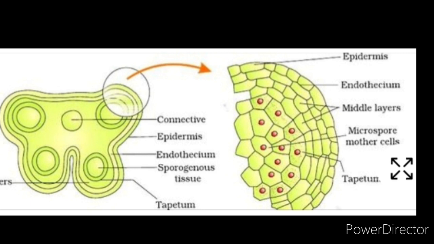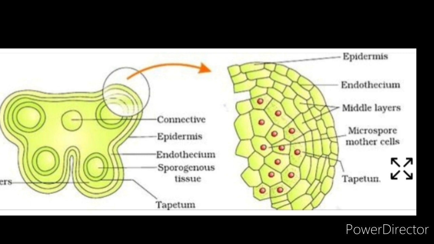The second layer is called the endothecium. It is present below the epidermis. It is again a single layer of radially elongated cells with fibrous thickenings.